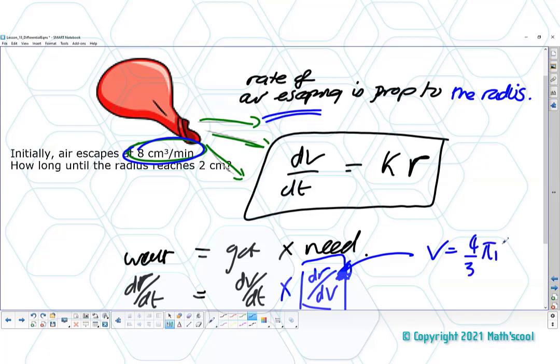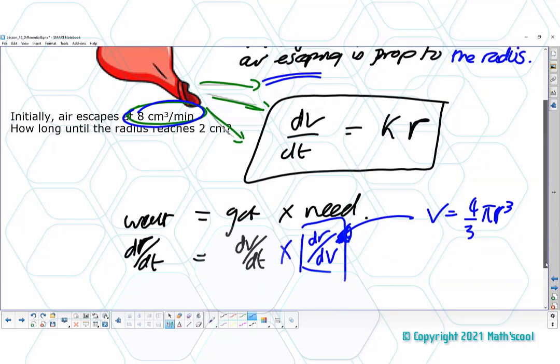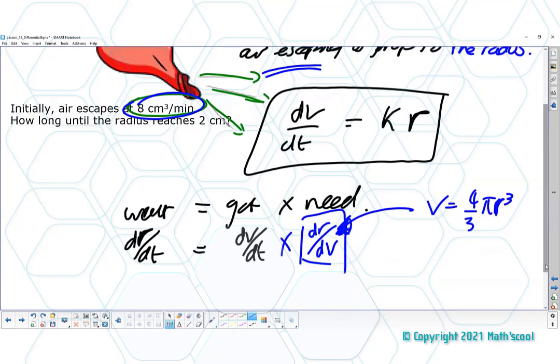You use the volume of a sphere, four thirds pi r cubed, and a balloon, okay, it's not exactly spherical, but it will do as an approximation. We're only modeling here, so we're approximating it. Okay, but I didn't ask you for V, I asked you for dr by dV.